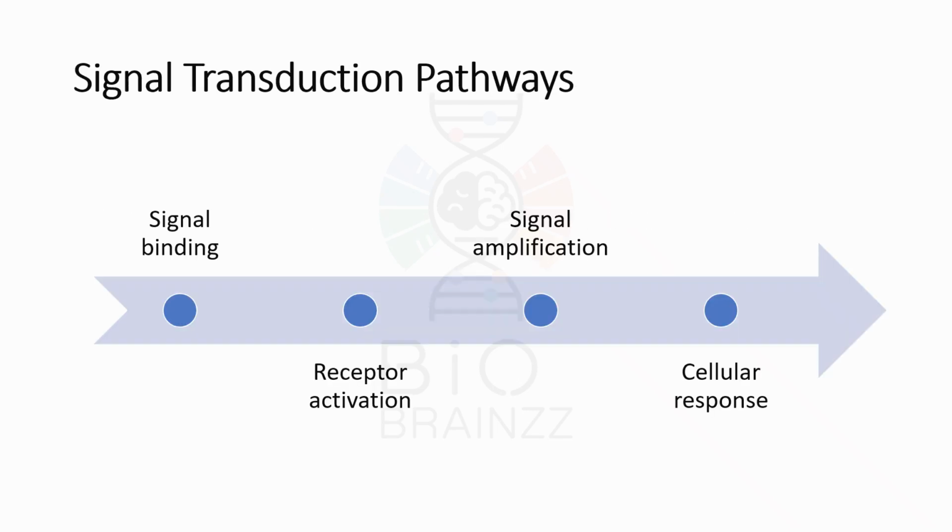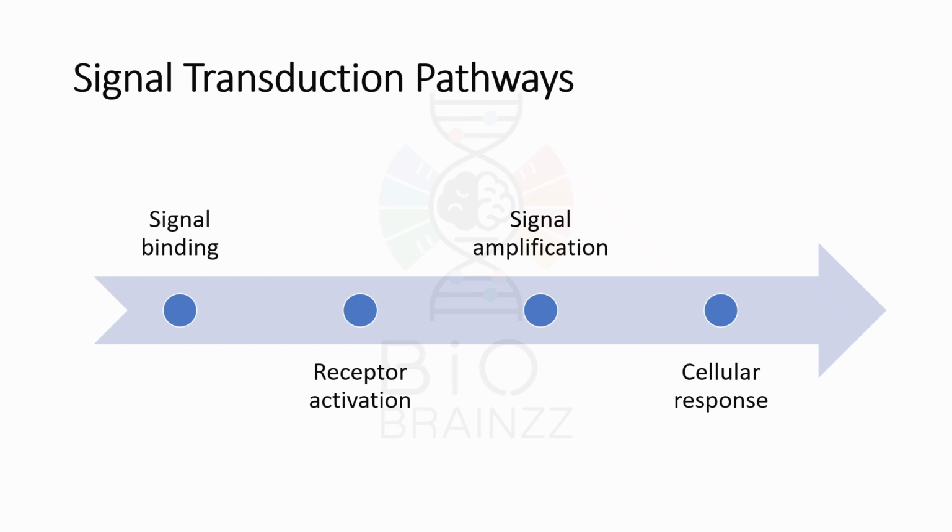Now let us understand how a signal actually produces a response inside the cell. This process is called the signal transduction pathway. It starts when a ligand binds to a receptor, which activates the receptor.